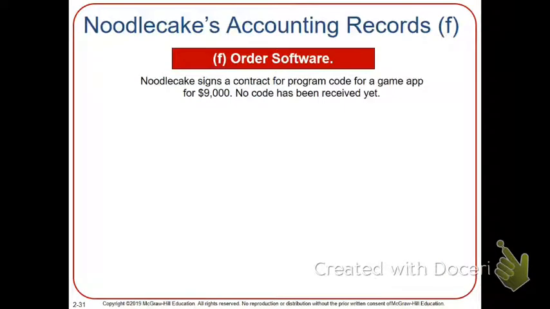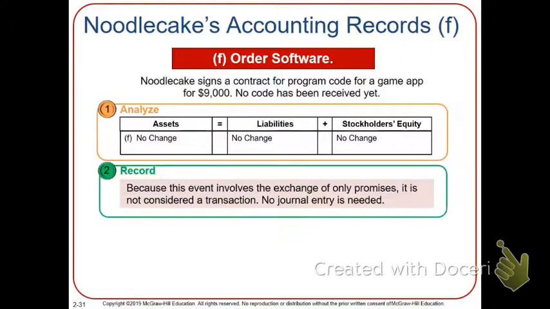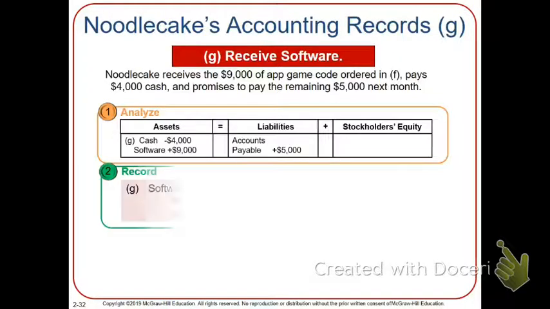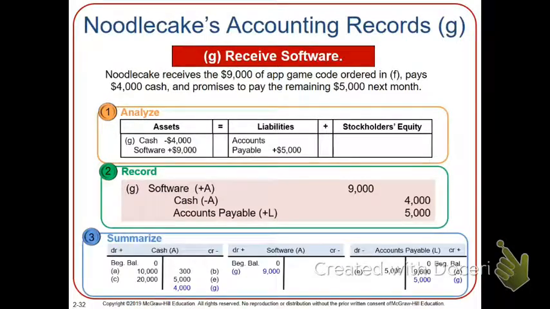All right, what about ordered software, signed a contract, but no game and no code? Are we going to debit or credit anything? No. Nope. So it's still nothing. And then when we receive it, this is what this one looks like. So remember, we had 3 different things happening, so we're going to have 3 different things happen in the journal entry.